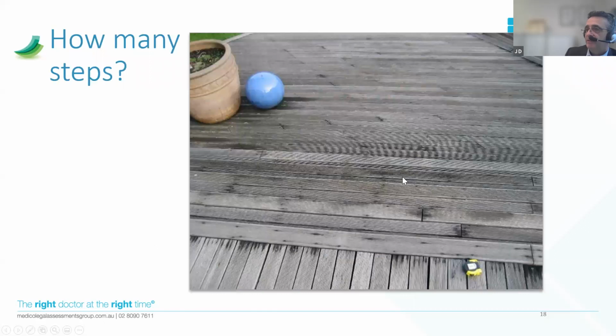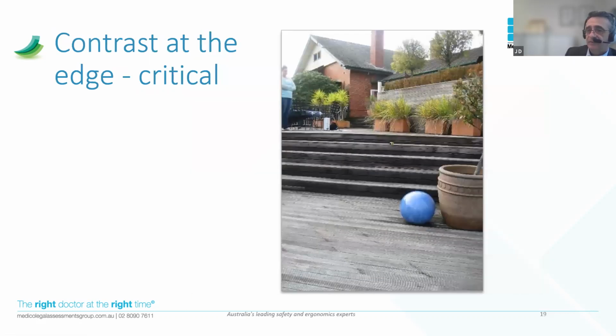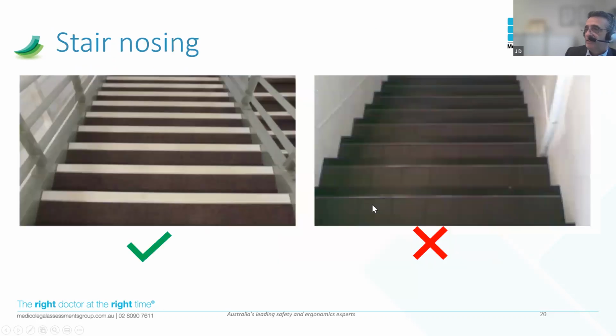Another example here is the importance of edge delineation. Obviously, well, not obviously, but it appears there might be a number of steps here, but actually the number of steps is 5, which may be difficult for someone to see, especially under low light conditions.